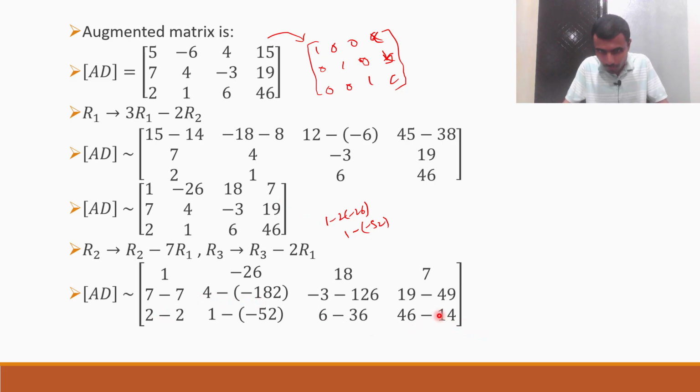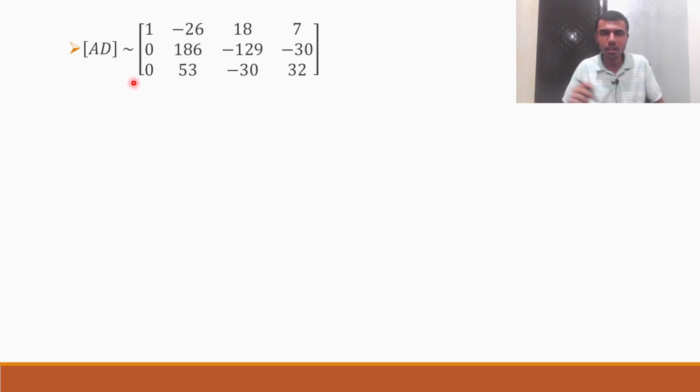Now if you simplify this, 7 minus 7 is 0, 2 minus 2 is 0, and 4 minus of minus 182 is 4 plus 182, 186, minus 3 minus 126 is minus 129. Like this, if you go on simplifying, you'll get this. Good. Now I achieved my first target. Here I got 100.